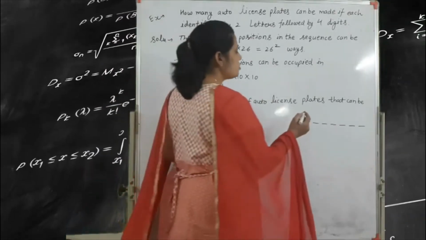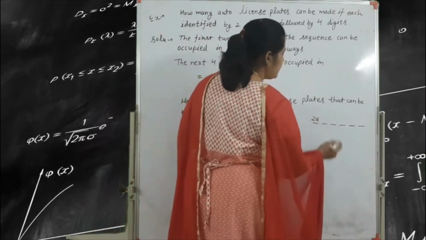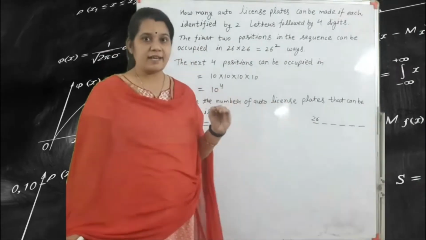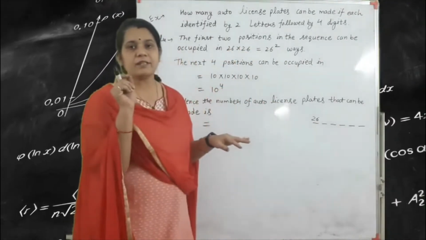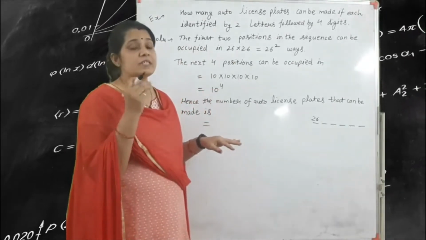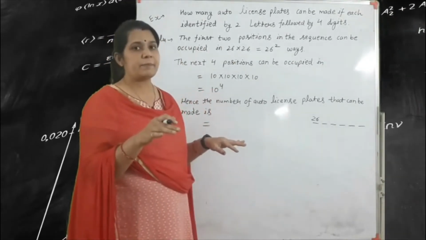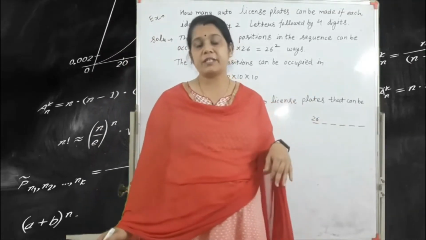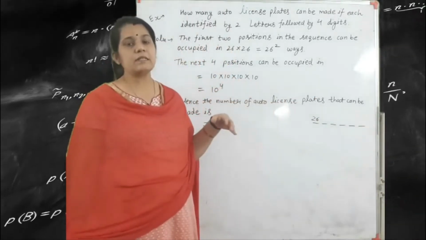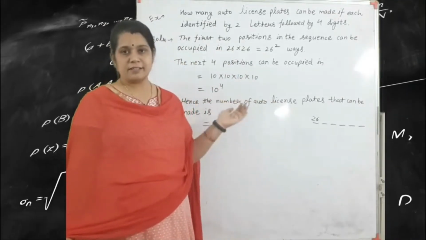So for the first position, the number of ways is 26, A to Z. The first position is occupied by any one alphabet. The second position is also an alphabet, and here we are not told whether repetitions are permitted or not. That means we always consider it in the repeated form.